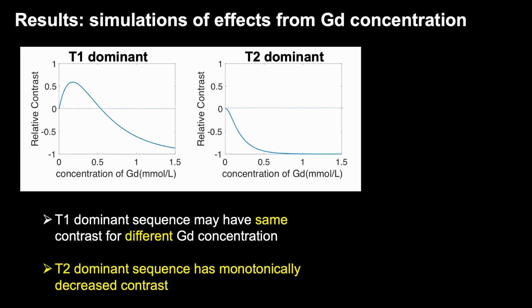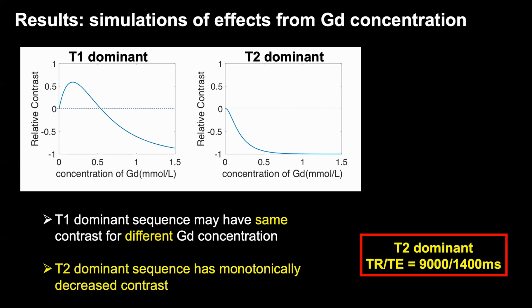When the concentration of GAD is uncertain in vivo, a biphasic relationship can be problematic, whereas a monotonic relationship may provide a method to test the concentration of the GAD. Therefore, the T2 dominant 3D TSE sequence was chosen for the subsequent scans.